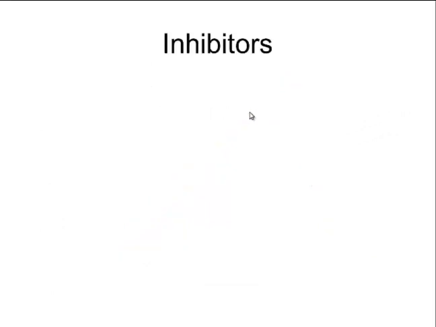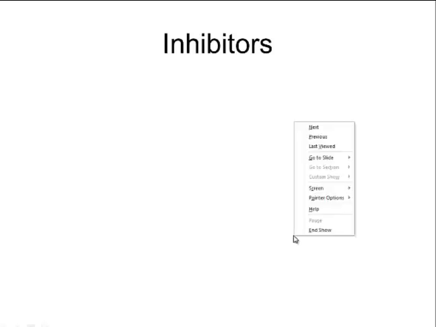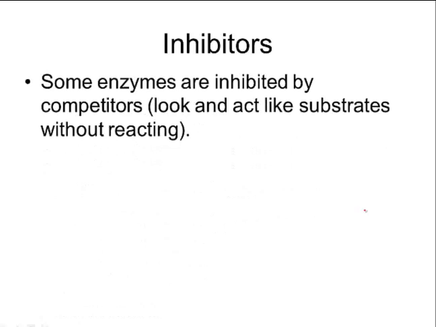Okay. Now we also have other ways of regulating our enzymes. Sometimes there are inhibitors that we will have within our body, and these are going to help to control our enzyme reactions. So sometimes there are inhibitors that are competitors. So they look like the substrates, but they don't actually cause a reaction to happen.